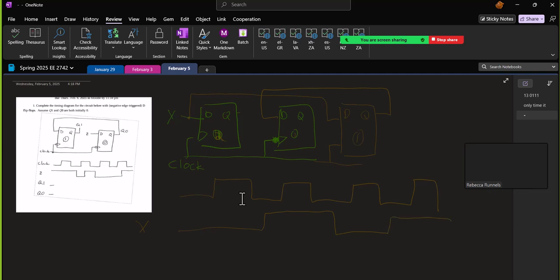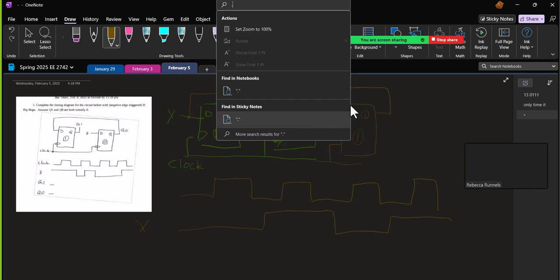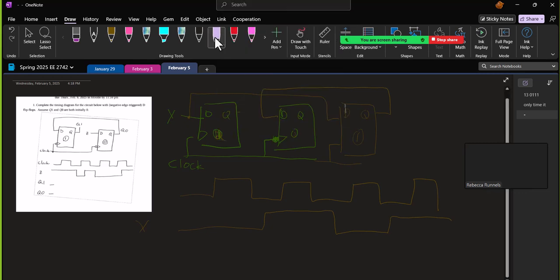That is ridiculously hard to see. All right, let me... Oops, 0, 1, 2.